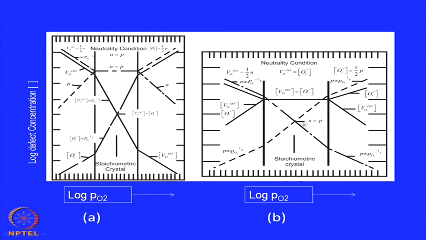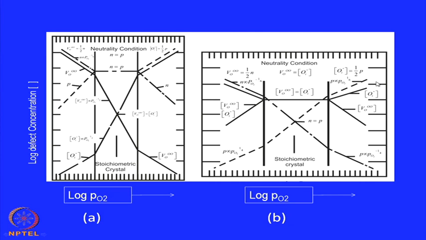Now, this of course depends on the particular solid, but this is a very generalized situation for any oxide, whatever oxide you take, you will get this kind of a variation, and at very low PO2 it will be an electronic conductor.